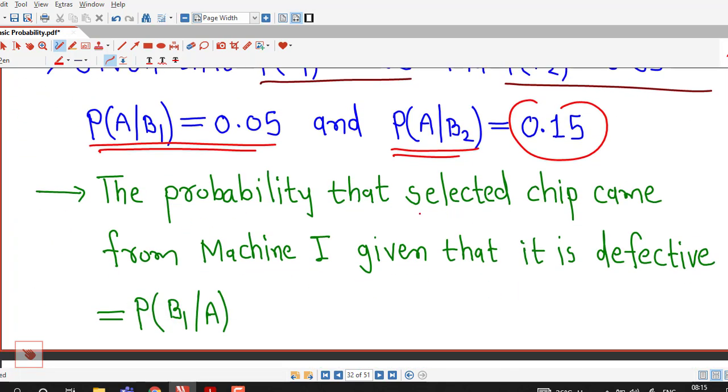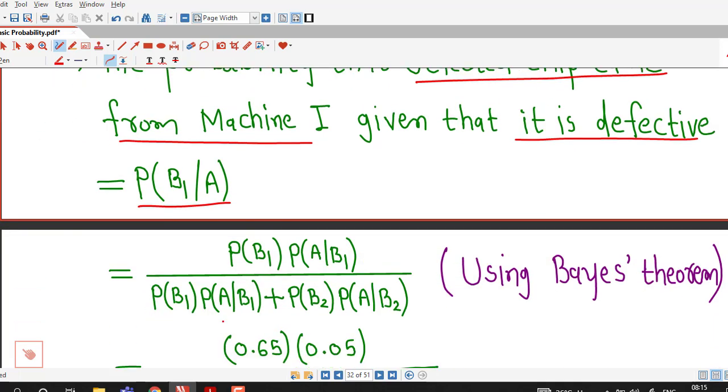The probability that the selected chip came from machine 1 given that it is defective is the probability of B1 given A. By Bayes theorem, we can write this as the probability of B1 times the probability of A given B1, divided in the denominator by the same quantity plus the same thing for event B2, that is, the probability of B2 times the probability of A given B2.